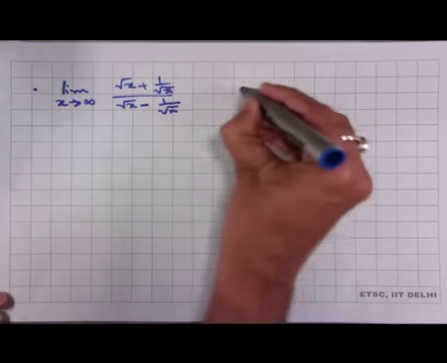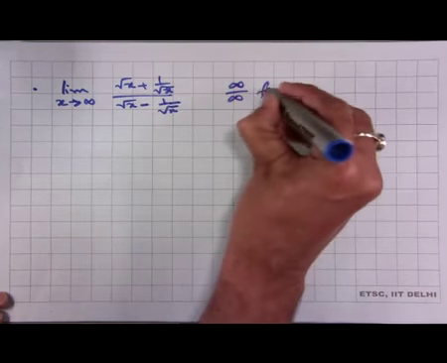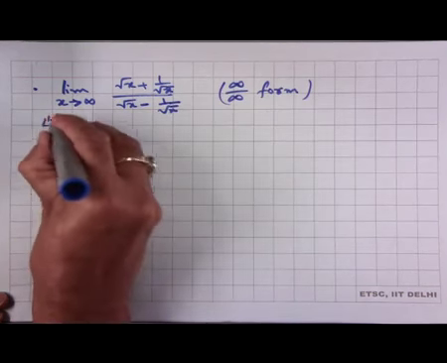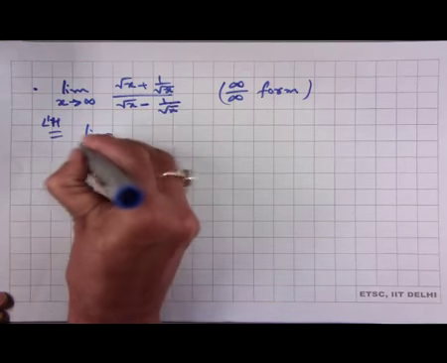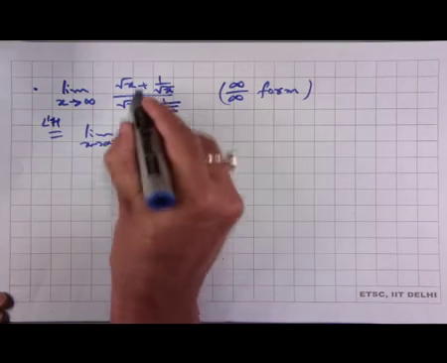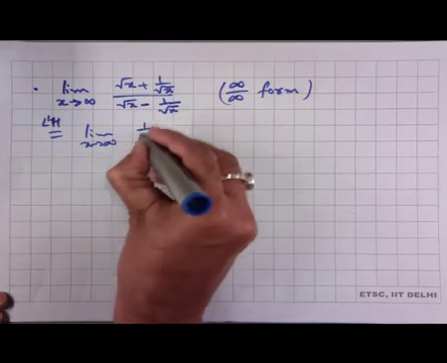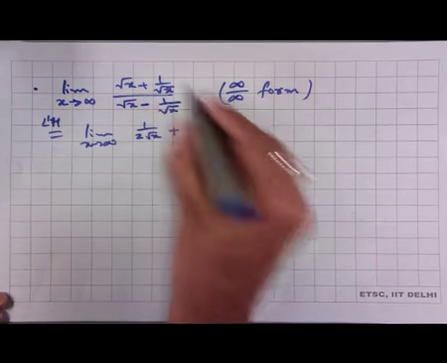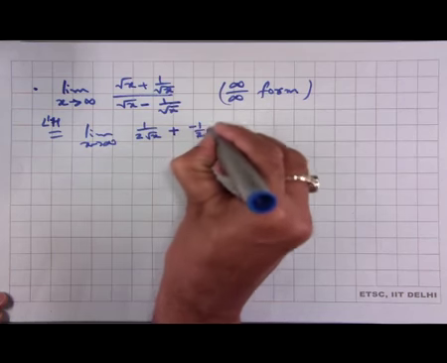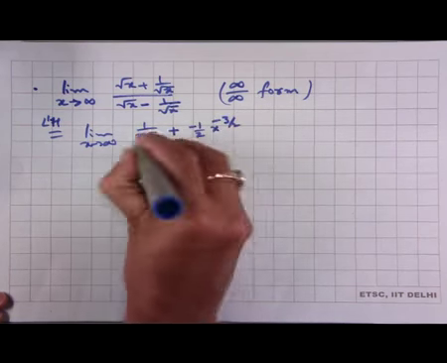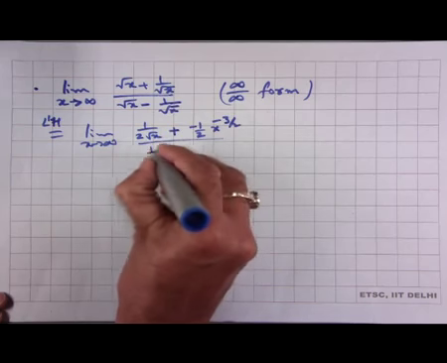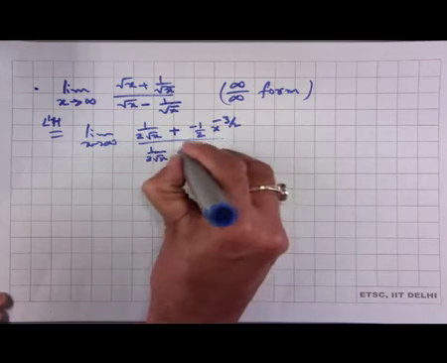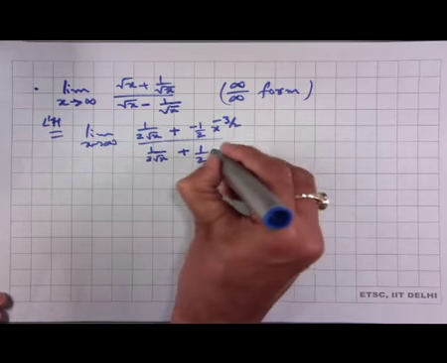This again is of infinity by infinity form, and if we use L'Hopital rule directly, then this will be equal to the limit x going to infinity of the derivative of square root x, which gives 1 by 2 square root x, plus we have x to the minus half, so this is minus half x to the minus 3 by 2, then again we have 1 by 2 root x plus half x to the minus 3 by 2.